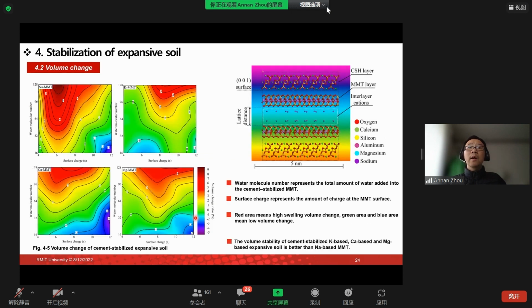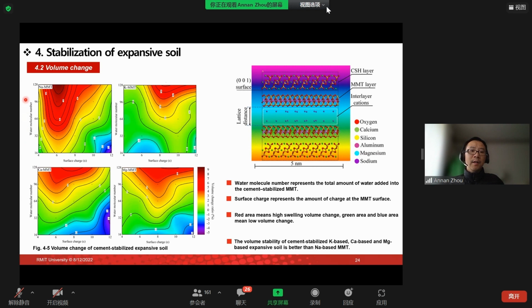So we just directly go to some findings. We can see here the natural expansive clay layer can have different surface charge densities. So we use our model to calculate the volume change under different surface charge and water content conditions.